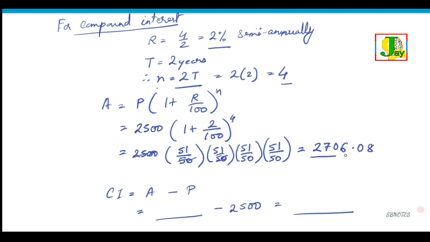Once you calculate, you're going to get this value. So what will the compound interest be? Compound interest will be amount minus principal. 2706.08 minus 2500, compound interest comes to 206.08.